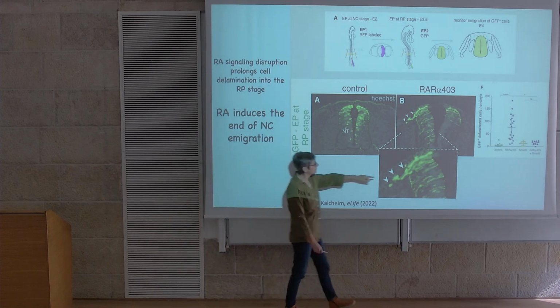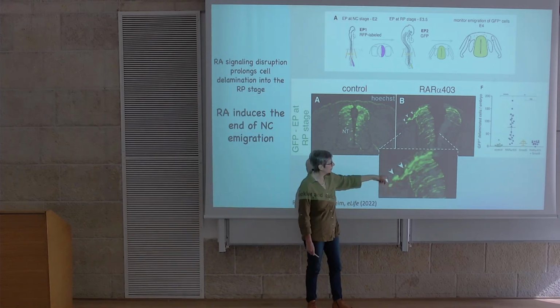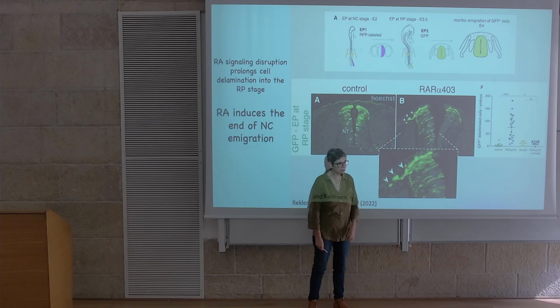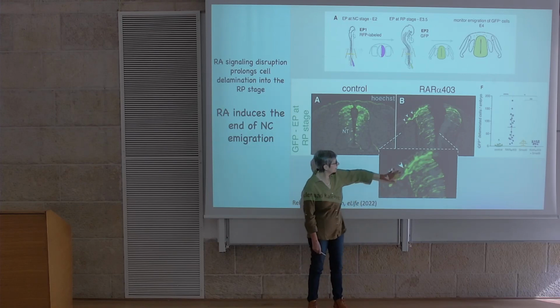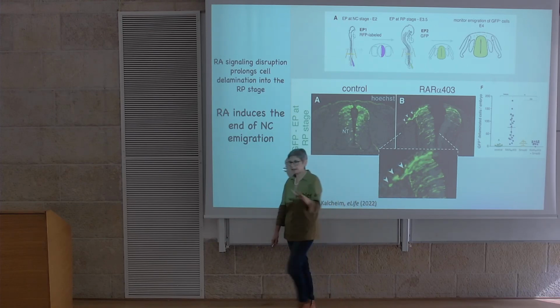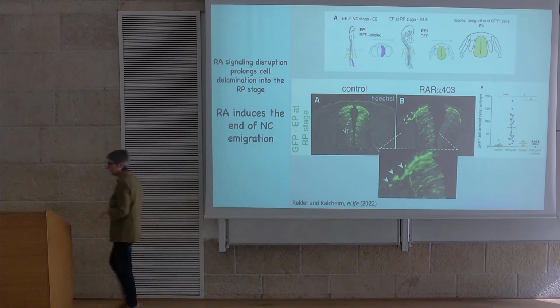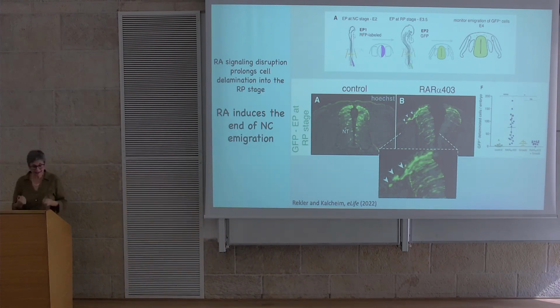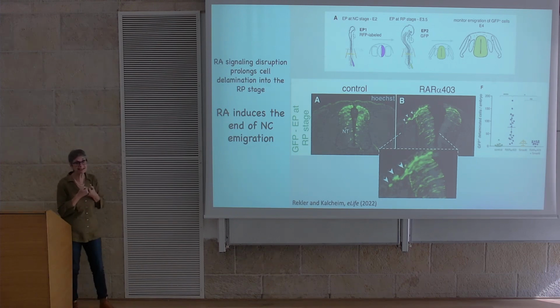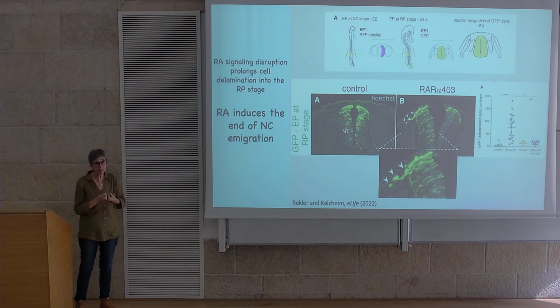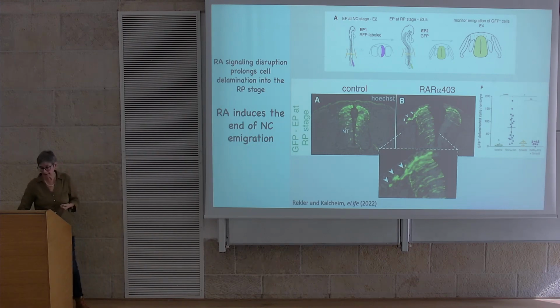These cells are basically retaining a glia melanocyte progenitor kind of trait, a double progenitor trait, which is absolutely interesting for us, but I'm not going to elaborate on that. So the idea is that retinoic acid induces the end of neural crest emigration via inhibiting BMP signaling.